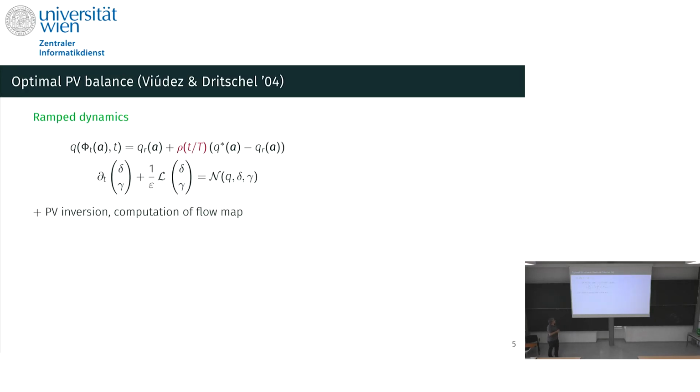All right, so what Viodes and Ritschl did is introduce a potential vorticity ramp in this push forward of potential vorticity. It is decomposed, just for technical reasons, into background potential vorticity that generates a steady state flow, and then the anomaly of potential vorticity is augmented with a ramp function. Then we have the other equations, and they solved this as a boundary value problem in time with two boundary conditions.